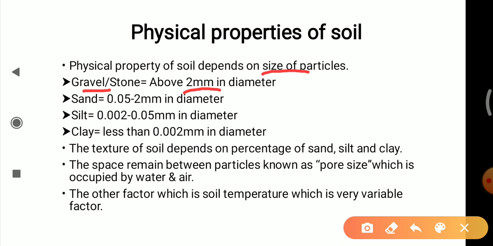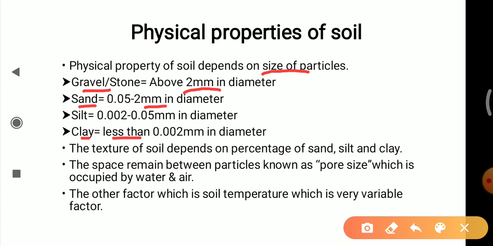Then sand, which is around 0.05 to 2 mm in diameter. Silt is 0.002 to 0.05 mm in diameter. Clay has less than 0.002 mm in diameter.